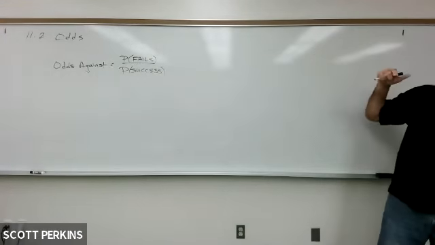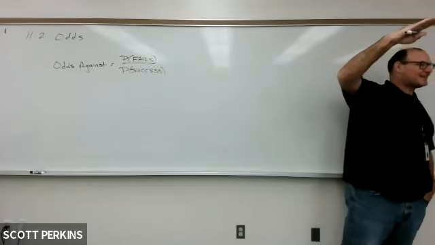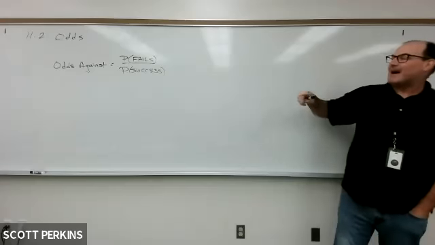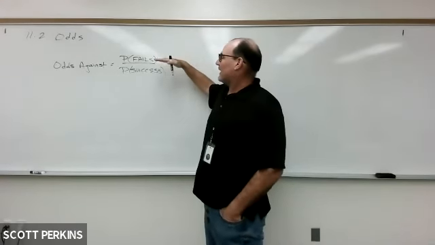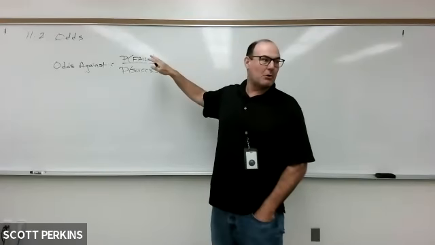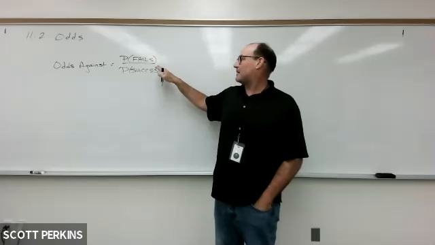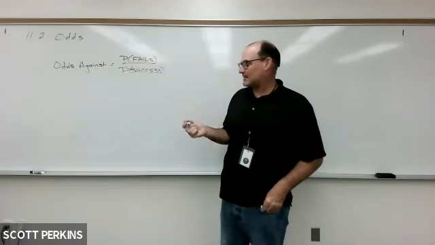So instead of breaking the ratio up into success divided by total, the odds against break the ratio up into failures related to successes. So there's no total here this time. It's broken up into failures and successes.